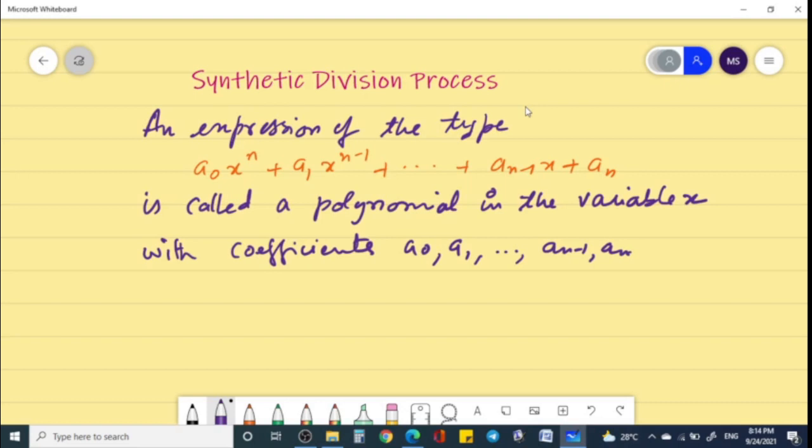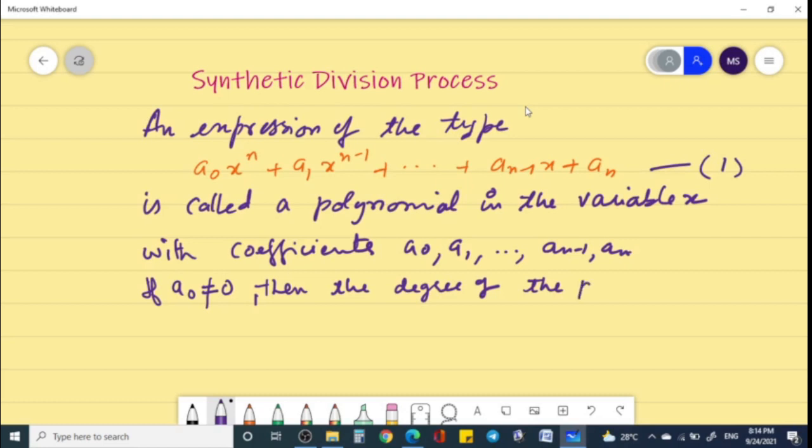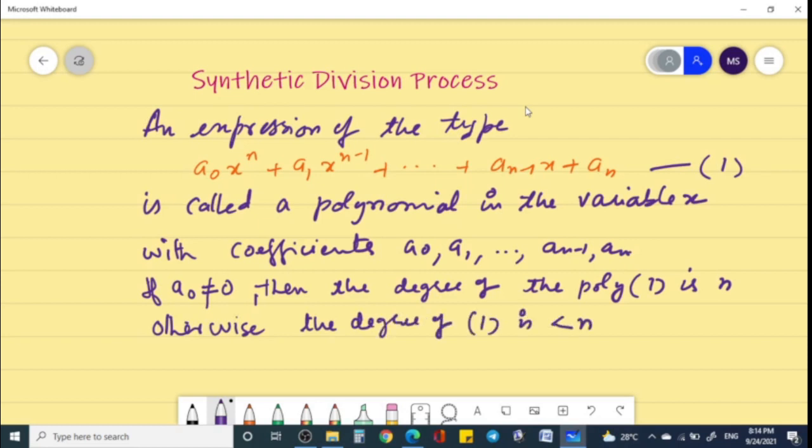Now if a naught is not equal to 0, then the degree of the above polynomial is n. Otherwise, the degree is less than n.